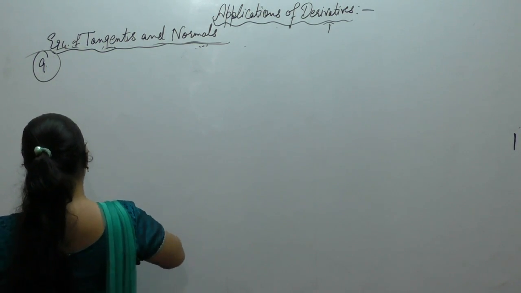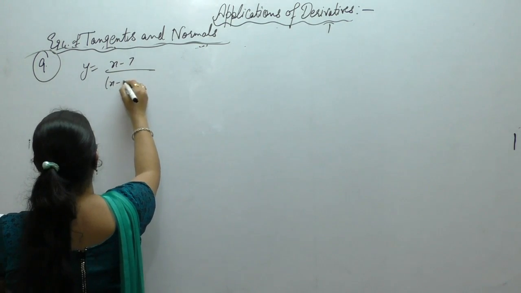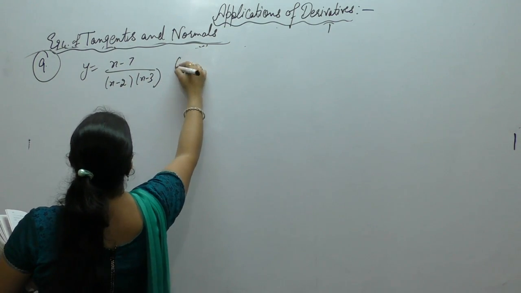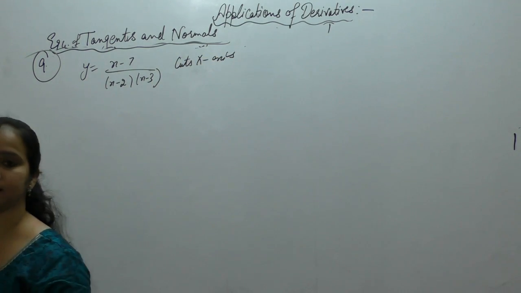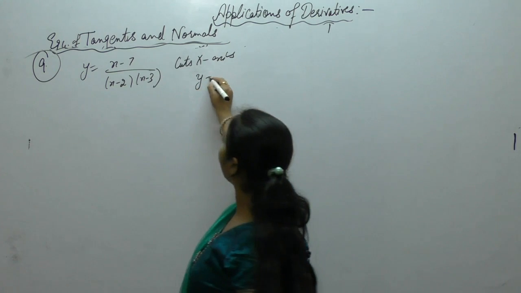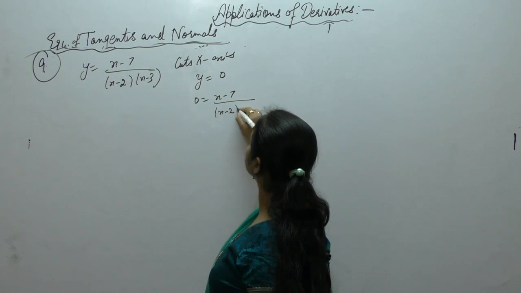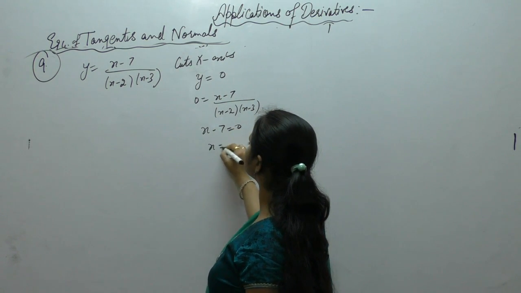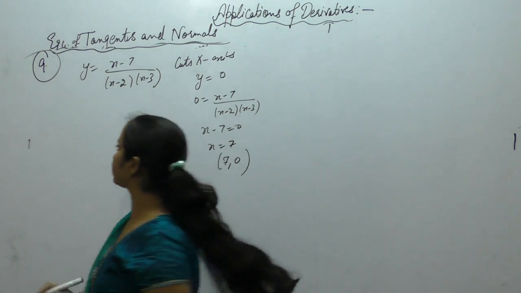And normal to the curve y equals x minus 7 upon x minus 2, x minus 3 at the point where it cuts the x-axis. Since it cuts the x-axis, y is equal to 0. From here we get x is equal to 7. So the point is 7, 0.